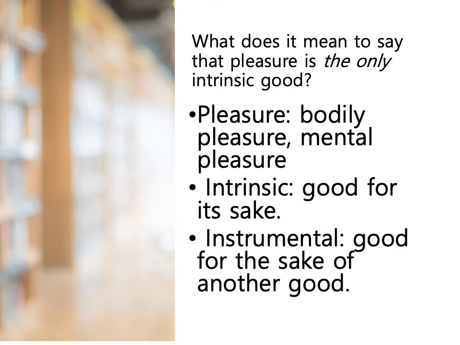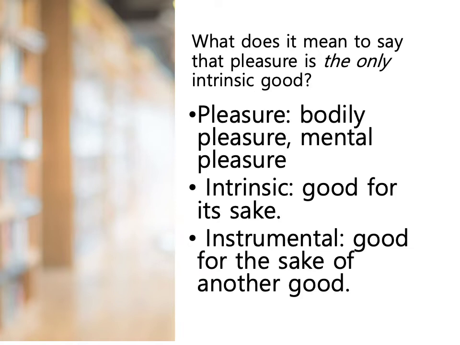So here we have to make a distinction between intrinsic good and instrumental good. Intrinsic good is good for its own sake, meaning that it's good for no other reason than it is good for itself. Instrumental goods are good for the sake of another good. An example of this is money.